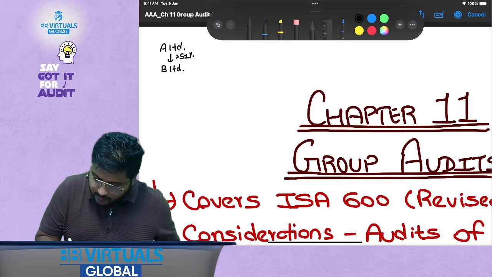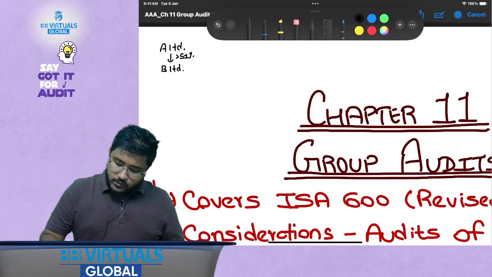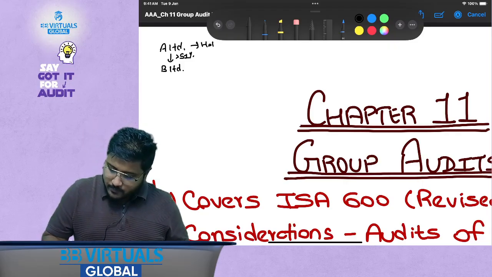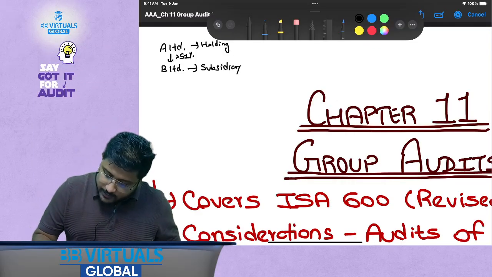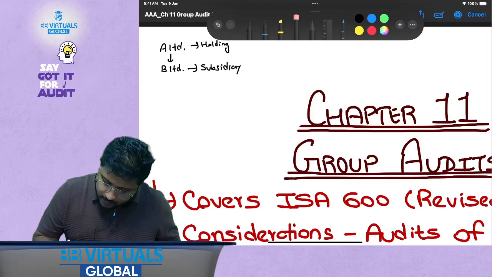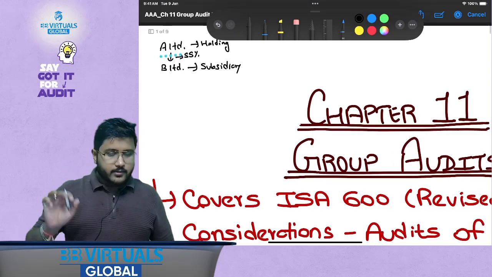There are other conditions also, but say more than 51% is owned by A Limited. So this becomes our holding company, and this becomes our subsidiary company. Let me specifically write it over here. It holds 55%. This one is the subsidiary.